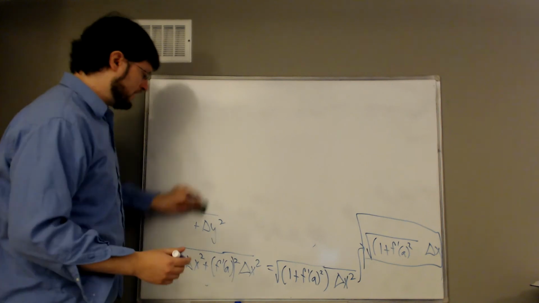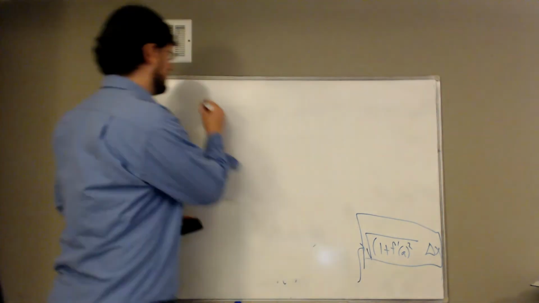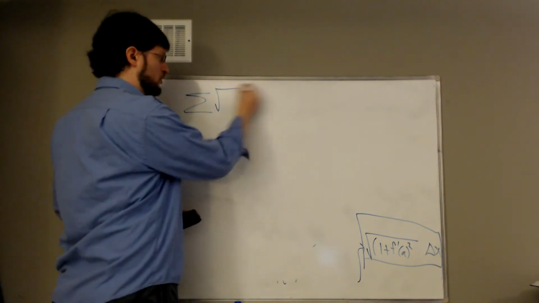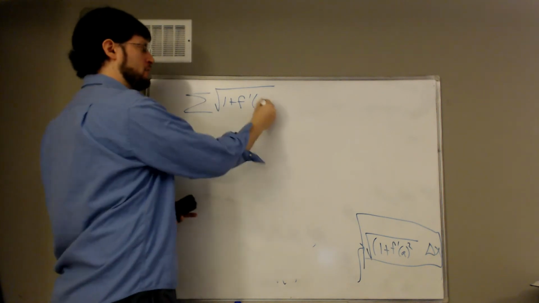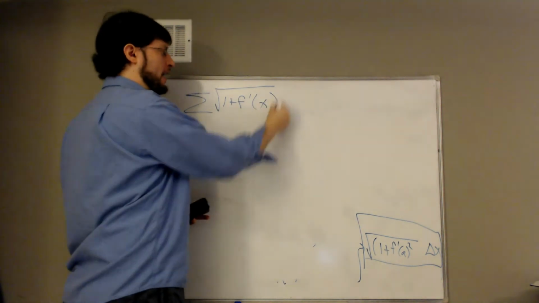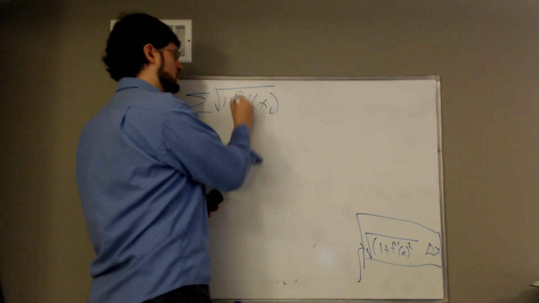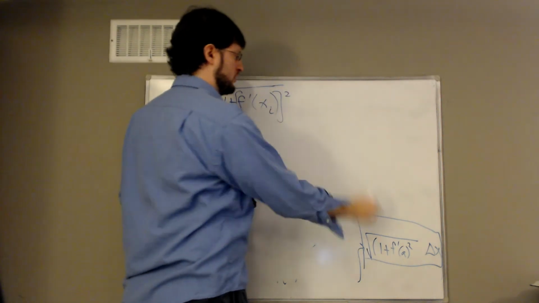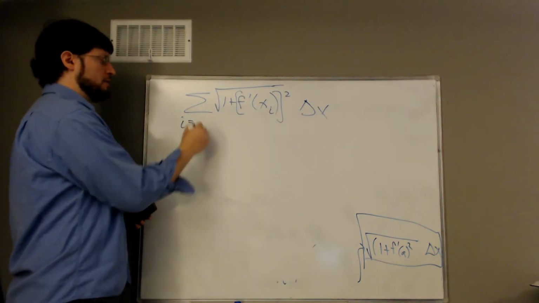And what we get is a sum of the square root of 1 plus f prime at x sub i, where x sub i is the beginning point of my line segment, squared, and then multiplied by delta x.